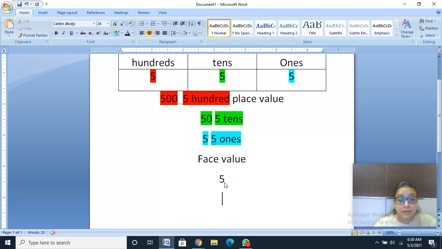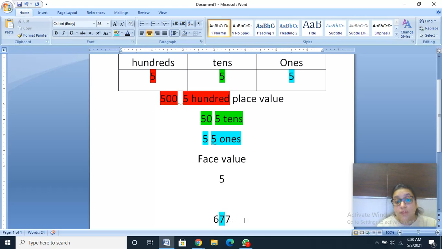For example, I say 677. Please give me the place value of this 7.